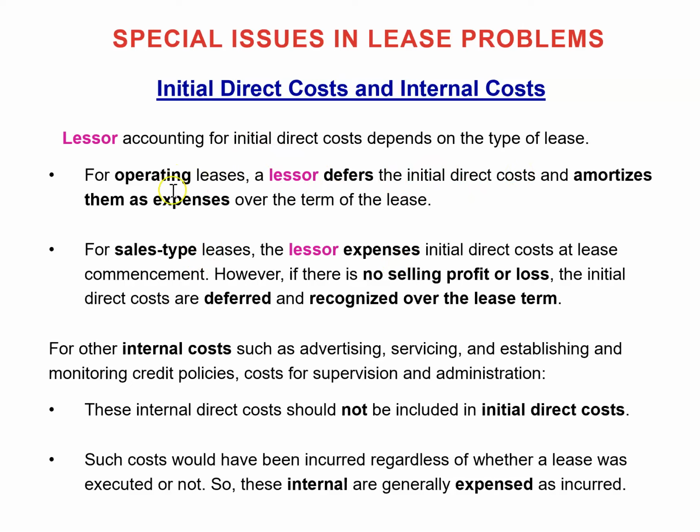So for operating leases, a lessor defers the initial direct cost and amortizes it as expense over the term of the lease. On the other hand, for sales type, which you also know as finance lease from a lessee's perspective, the lessor expenses initial direct cost at lease commencement, but if there is no selling profit or loss, the initial direct cost can be deferred and recognized over the lease term, just like operating leases.